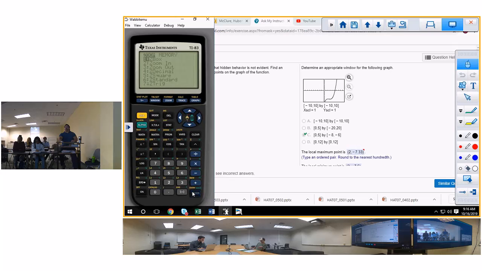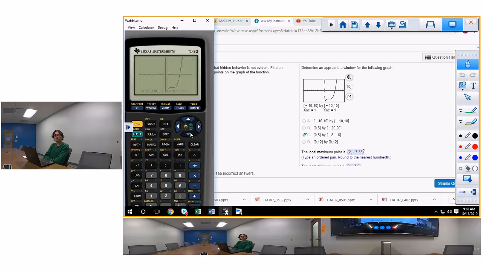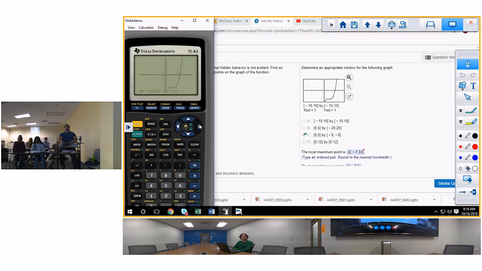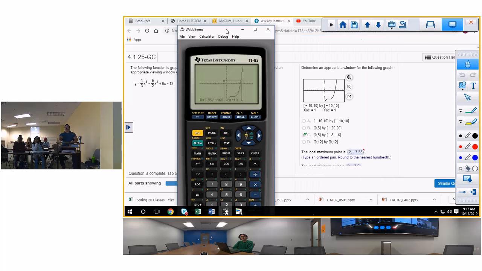Zoom box, and I'm going to make sure I get the x-axis, the y-axis, and the hidden behavior. I'm going to go down below. I know the y-intercept, so I don't have to do that. What's the y-intercept for this function? Negative 12. Good job.